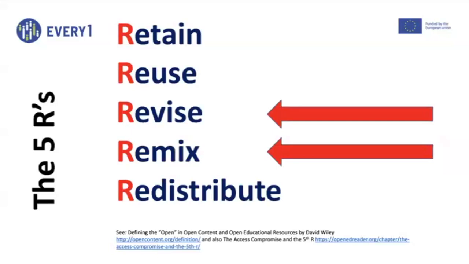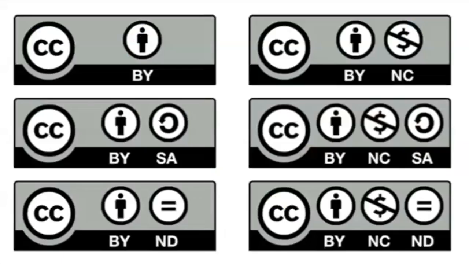So this open element, this revision and this remixing is really key to what makes an educational resource open. So in the case of our Creative Commons licensed materials, we have the 6 licenses again here, but which licenses enable adaptation?